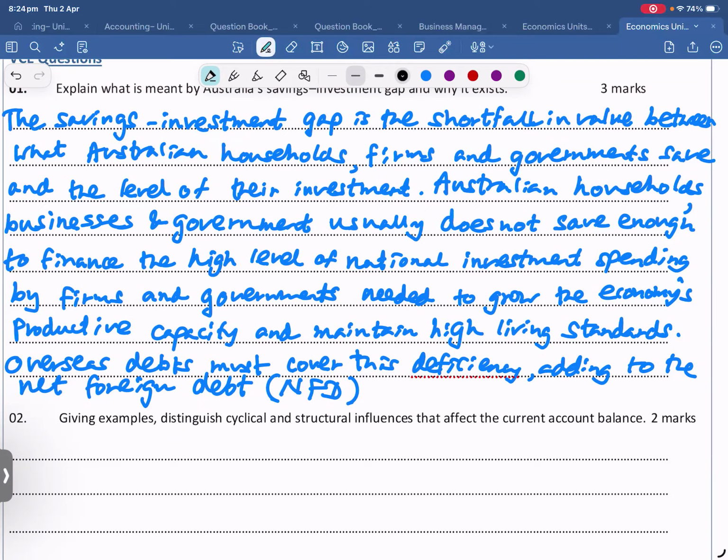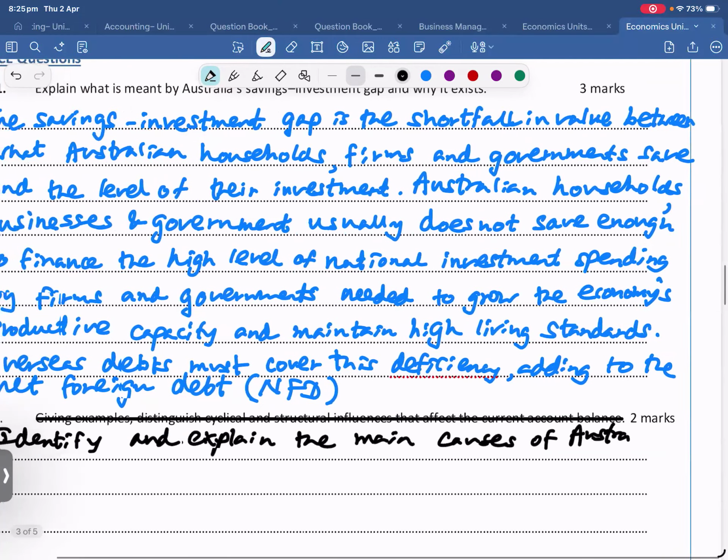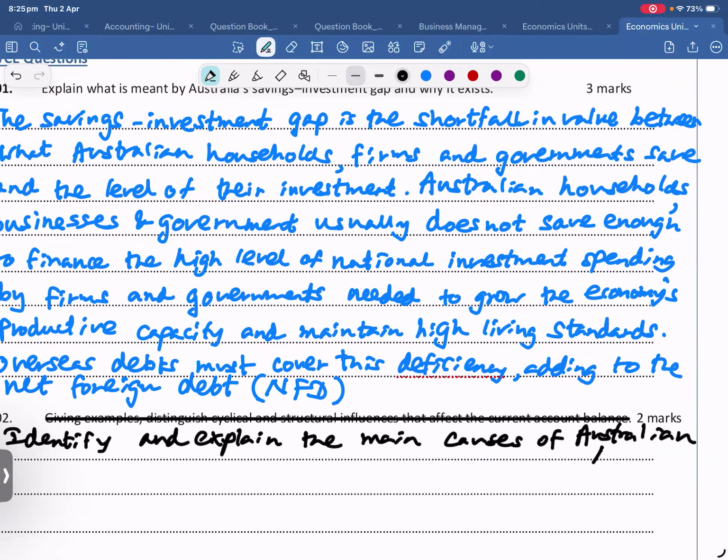So instead, please write: identify and explain the main causes of Australia's, or maybe let's say Australian NFD. Still 2 marks.